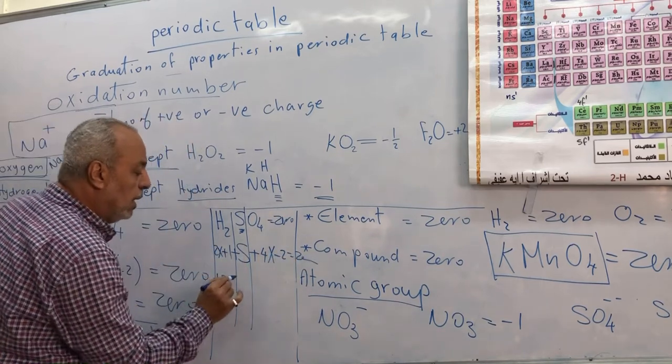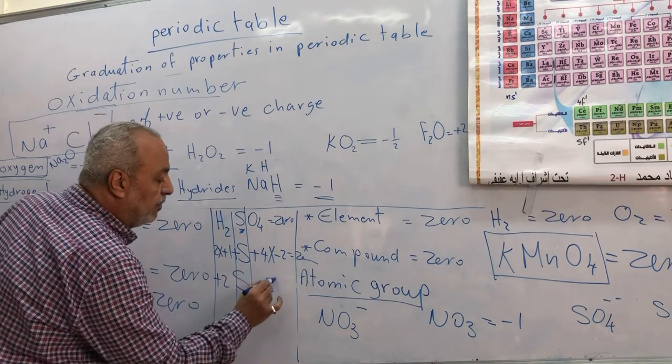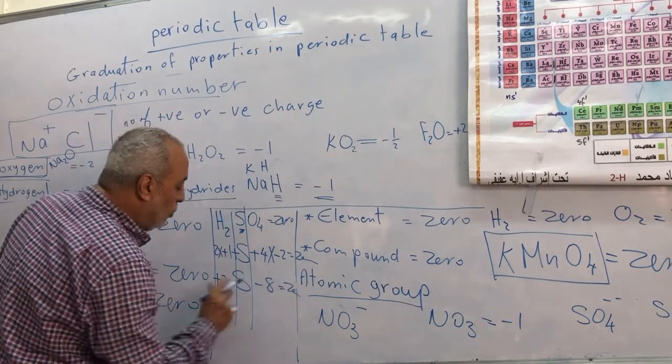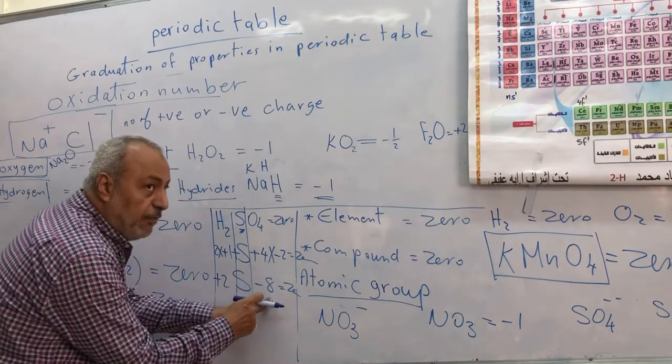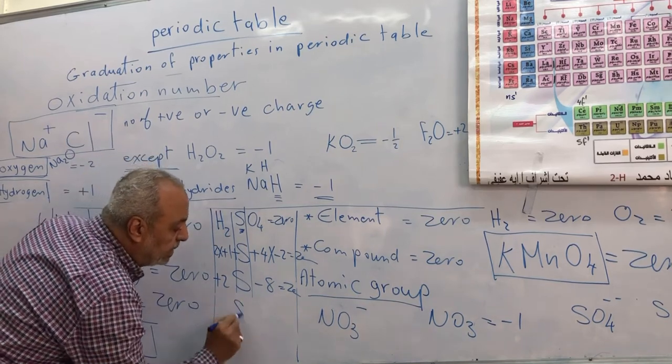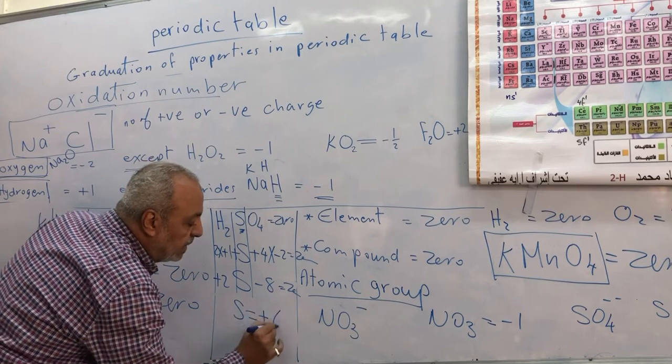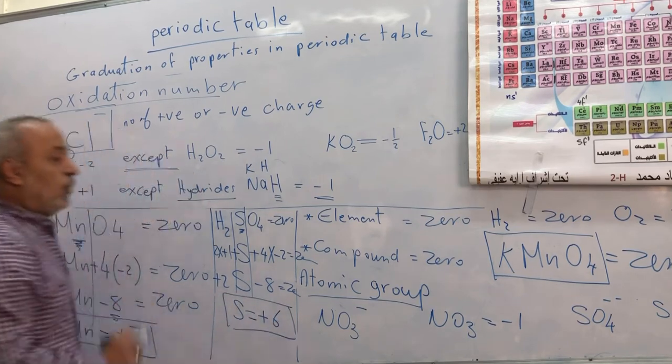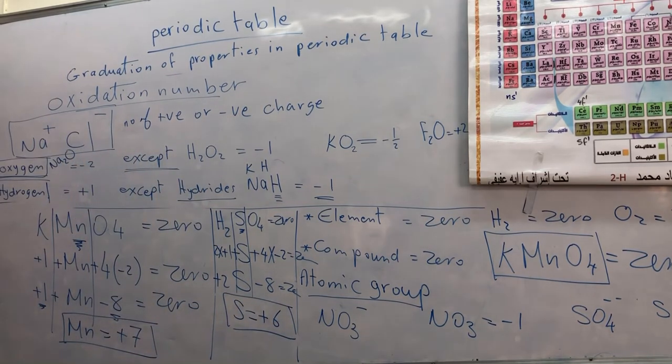Positive 2, S, negative 8 equals 0. Positive 2 and negative 8 give negative 6, which transfers to the other side, so S equals positive 6. This is the way of calculating oxidation number.